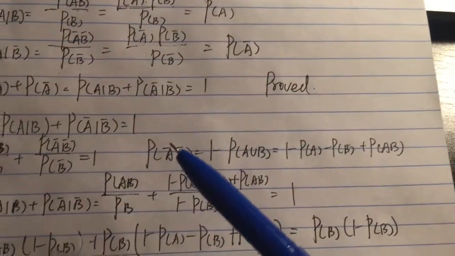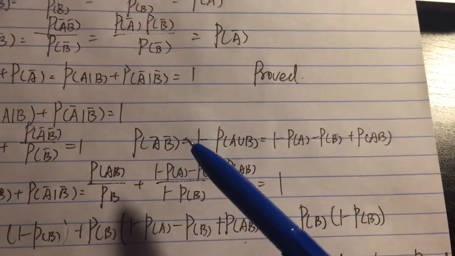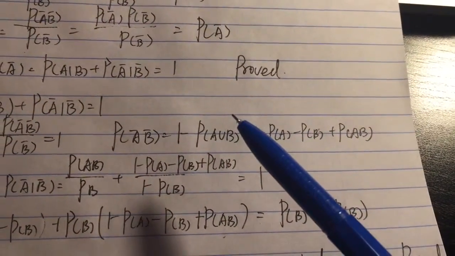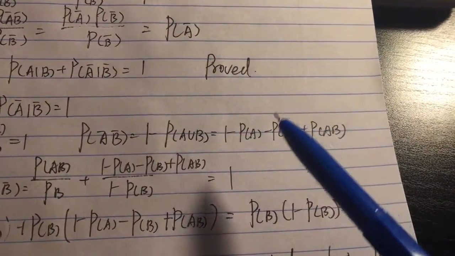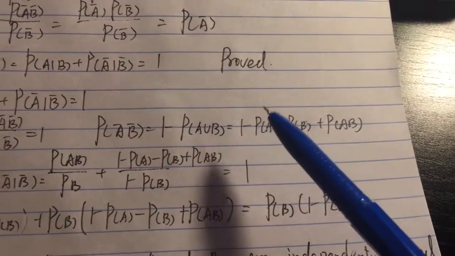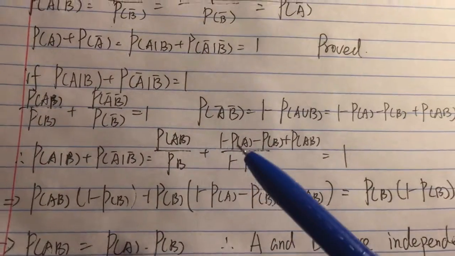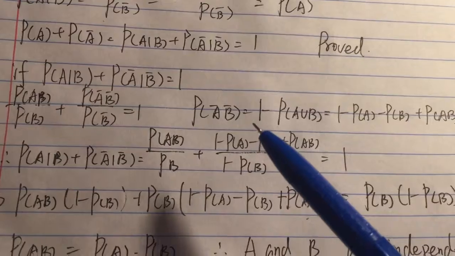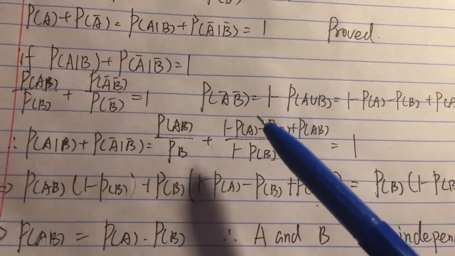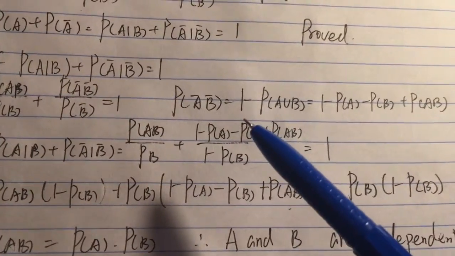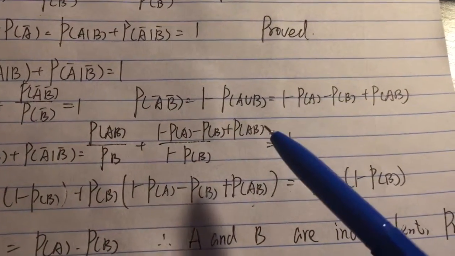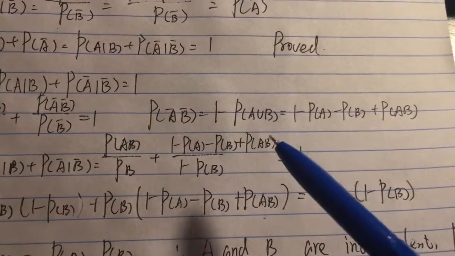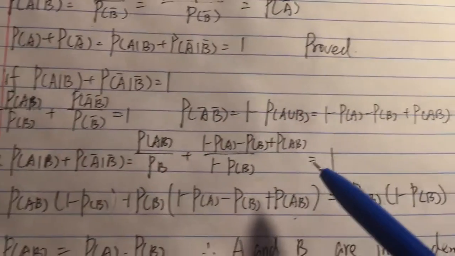And the probability of A bar intersect B bar equals 1 minus the probability of A union B, which equals 1 minus the probability of A minus the probability of B plus the probability of A intersect B. So this equals the probability of A intersect B divided by the probability of B, plus 1 minus the probability of A minus the probability of B plus the probability of A intersect B, divided by 1 minus the probability of B, equals 1.